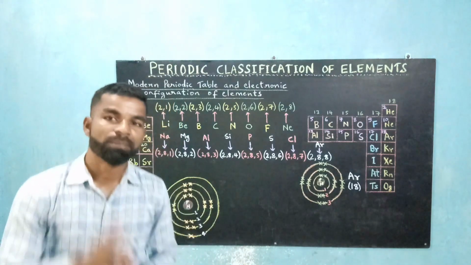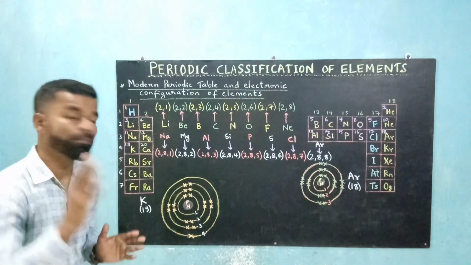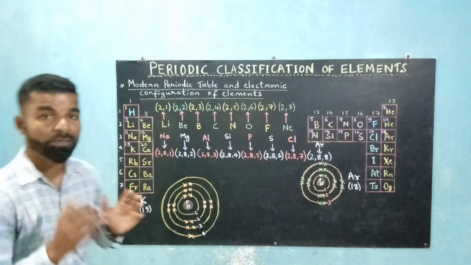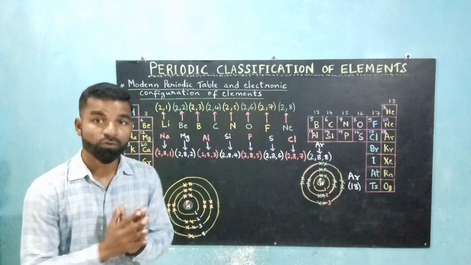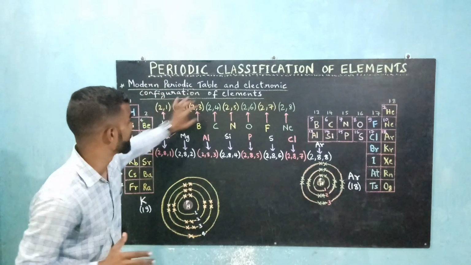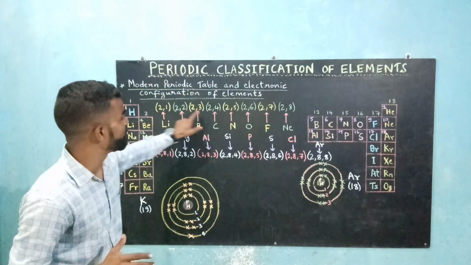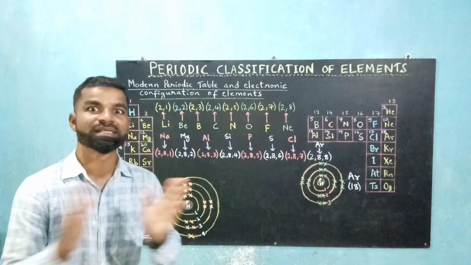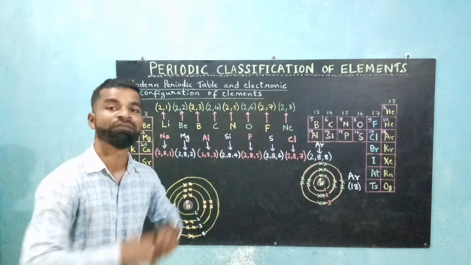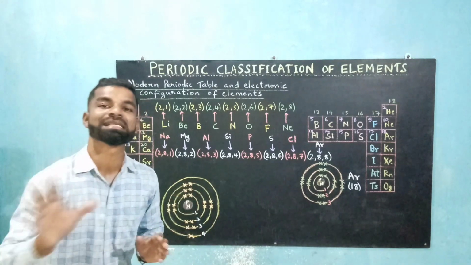Next, let's talk about periods. Let's consider, for example, period 2, which has the elements lithium, beryllium, boron, carbon, nitrogen, oxygen, fluorine and neon, and see their electronic configuration, which I have written over here. You'll see that the number of valence electrons are not the same this time. They differ. In fact, they increase by 1, but the number of shells are the same.